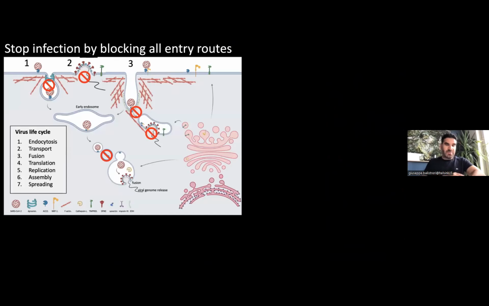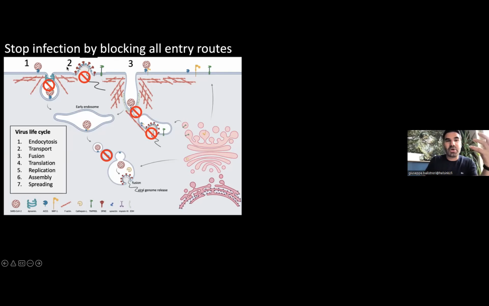And this brings me basically to the second part of my talk. So now, from the ability to follow a single virus and see how many mechanisms it has to enter the cells and what are the cellular factors that are required to allow this mechanism, we can come up with a combination of drugs, with a cocktail that blocks every possible access route.